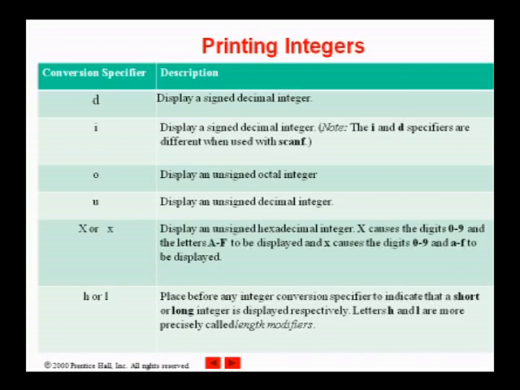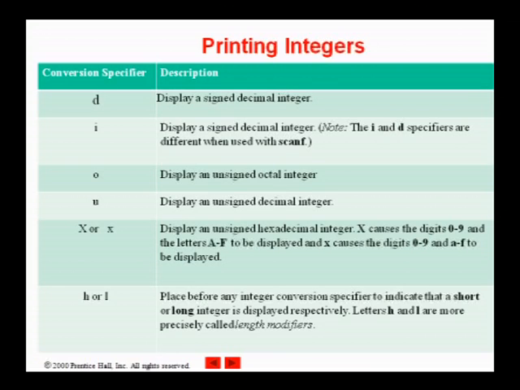Plus 25, only 25 will be displayed. Minus 25 will be displayed, but the plus sign will not be displayed, only 25. So by default it is always positive. Then percentage i, it displays a signed decimal integer. You can use i and d specifiers differently when used with scanf. When you use them with scanf, i and d are different.